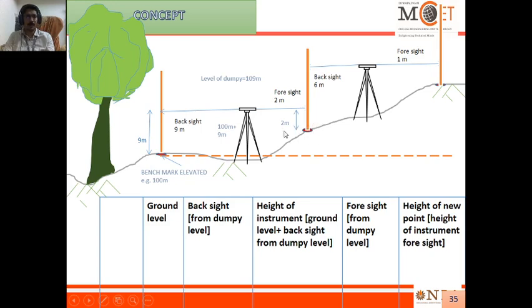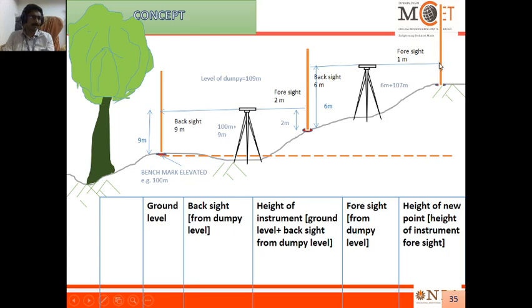Now this point becomes the known point, so that is why we have taken the backsight over the same station, right? Now this is 107. Again we have shifted the instrument to a new position. You have taken the reading over the same point. It is 6 meter. So 107 plus 6 becomes the height of the instrument at this position, that is 113.